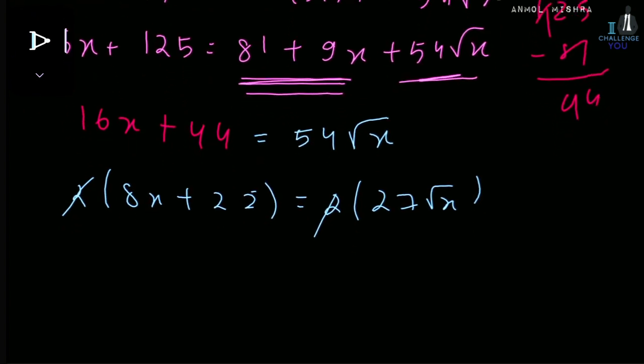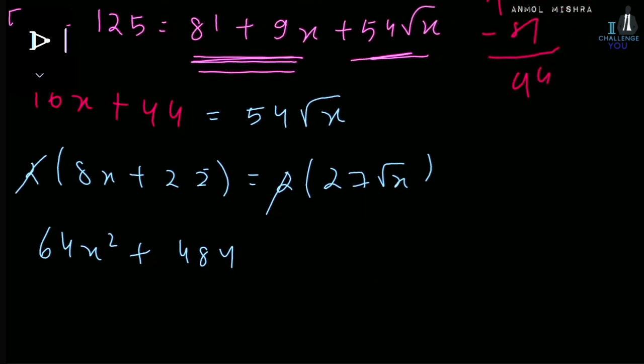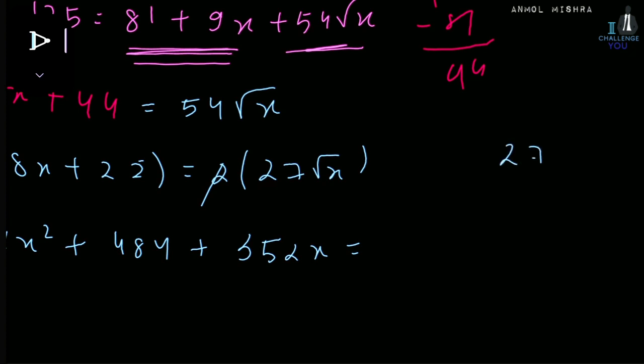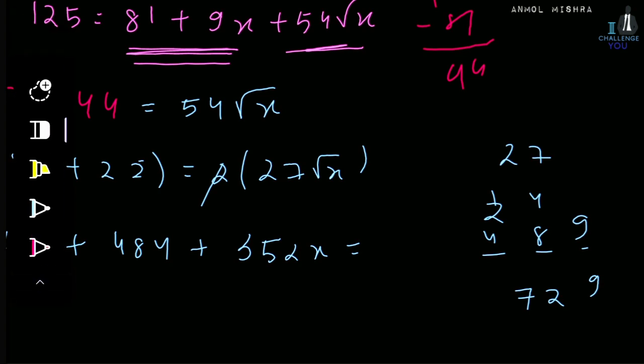Now again squaring both the sides: 8x the whole square means 64x squared, plus 22 squared, that is 484, plus 2 into 8 into 22, which is 352x, and that is equal to 27 squared into x. 27 squared is 729, and root x the whole square means x only, so 729x.